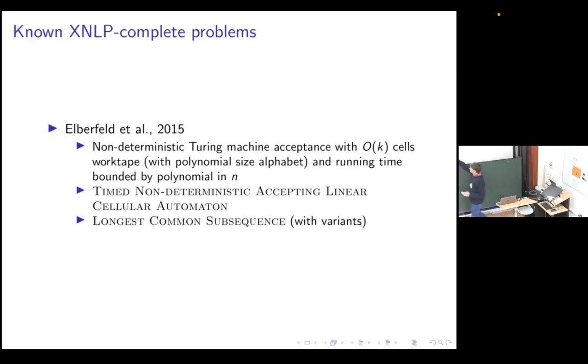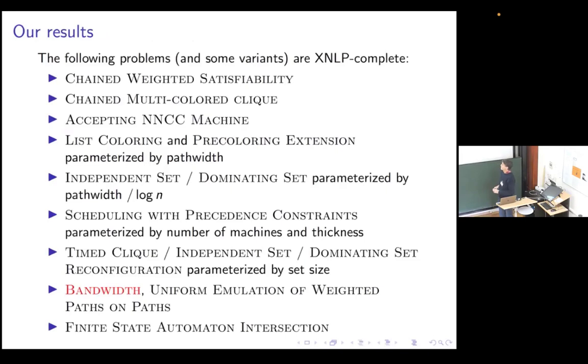And then also cellular automata, and it worked very nicely. The longest common subsequence, which is a really classic combinatorial question. And then what we did is we showed that there are really a lot of problems which are all complete for this class XNLP.